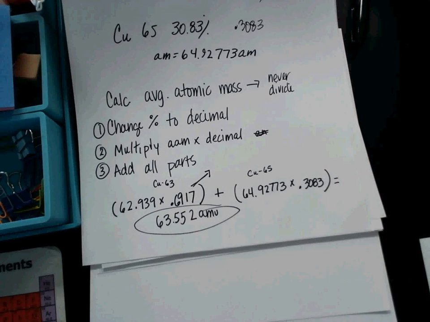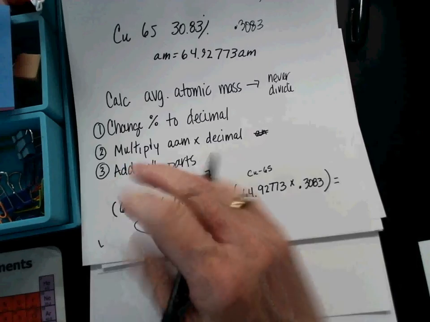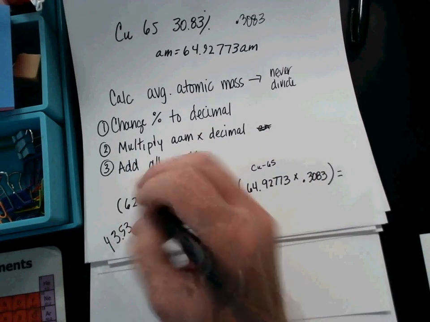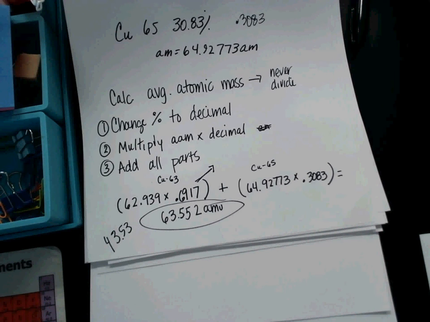But let's look at the parts just so we can see. Let's put this in our calculator and see what you get, you guys who didn't get the 63 point whatever. I'm going to put 62.939 times 0.6917, and here I get, you probably can't see this, 43.53, and it goes on.